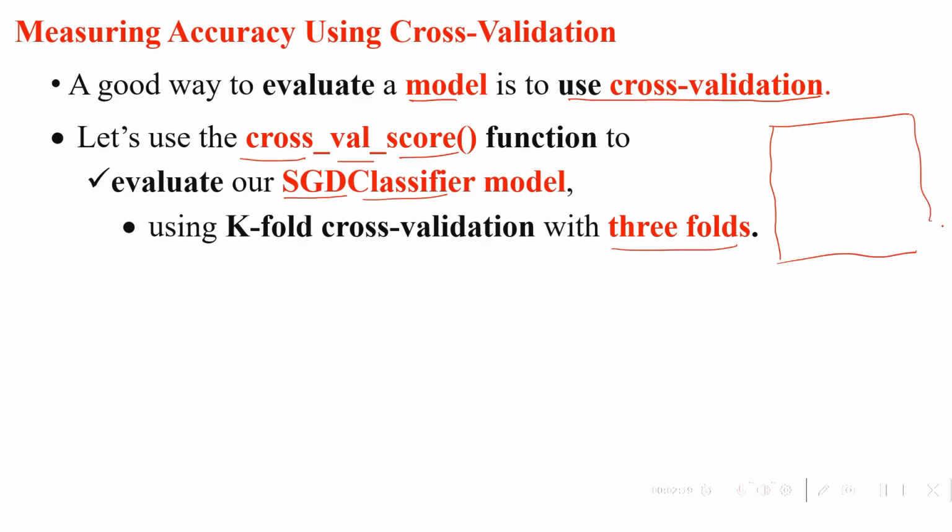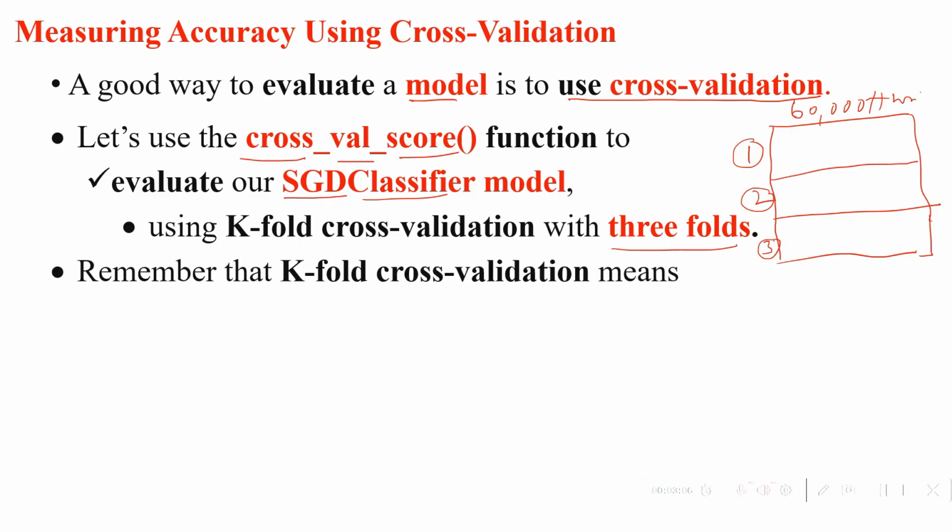These 60,000 instances are randomly divided into 3 folds: fold 1, fold 2 and fold 3. Each fold contains 20,000 randomly assigned handwritten images.